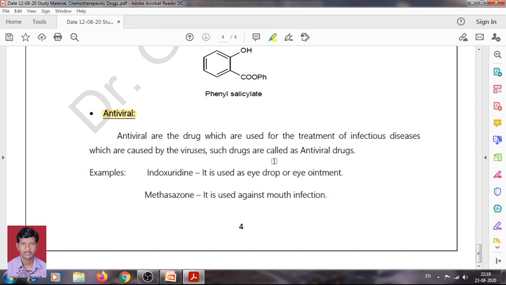Therefore, at present, there are no drugs for the proper antiviral treatment of the corona disease. But most of the scientists, most of the countries are working to discover drugs which will work effectively against the virus.